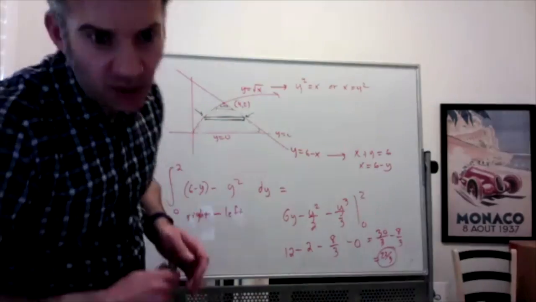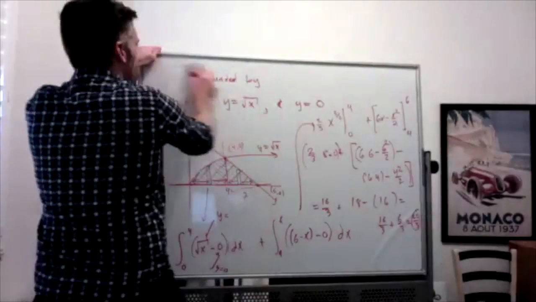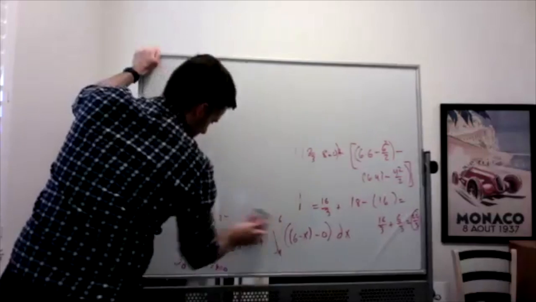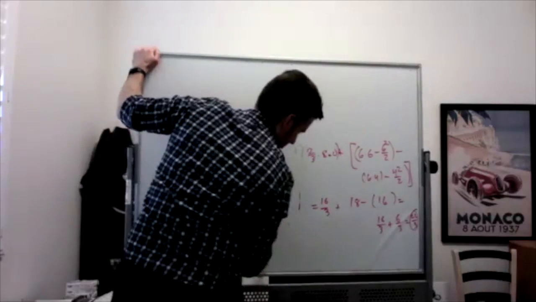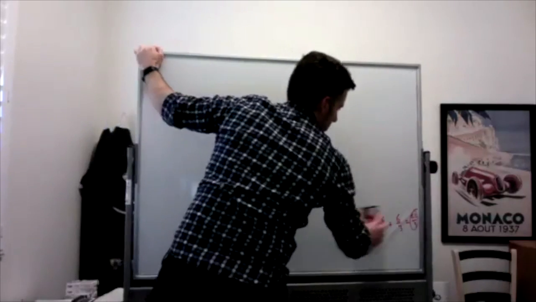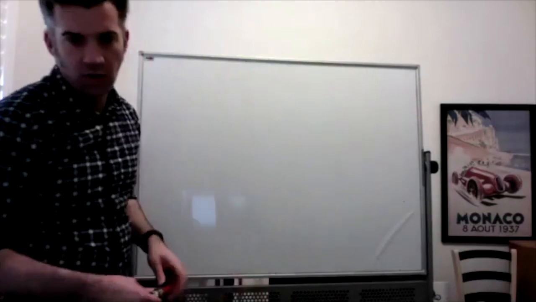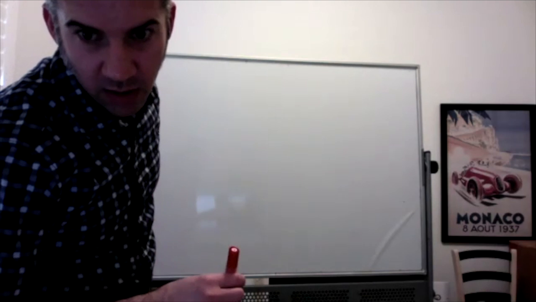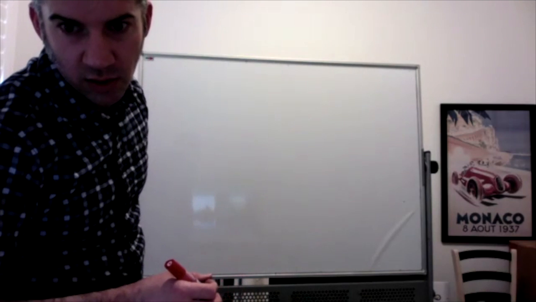Sure. Let's do a few more area between graphs because those ones can be a little bit challenging. And then I think we'll do lots of U-substitution. So let's find the area between, what do we got here? Yeah, sure.